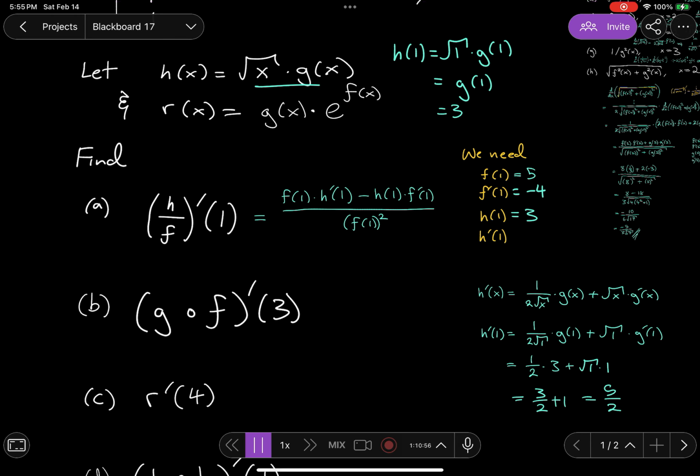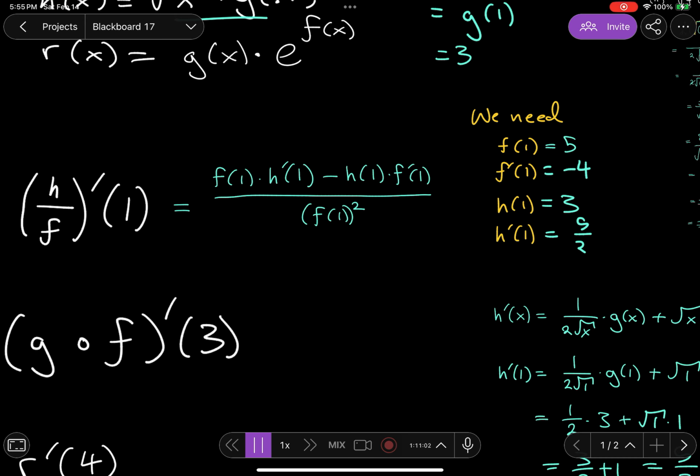Finally, we're not done yet. We have 5 halves, but this is the easy part. We just plug things into this formula right here. So f of 1 is 5. We have h prime of 1, 5 halves, minus h of 1, which is 3, times f prime of 1, which is negative 4, all divided by f of 1 squared.